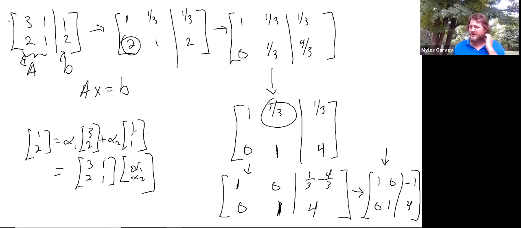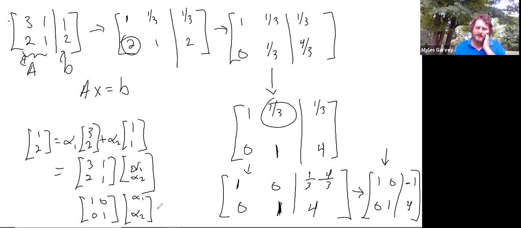But what we basically just did was reduce the matrix down. Where now on this side, we have 1, 0, 0, 1. And on the right-hand side, we have -1 and 4.